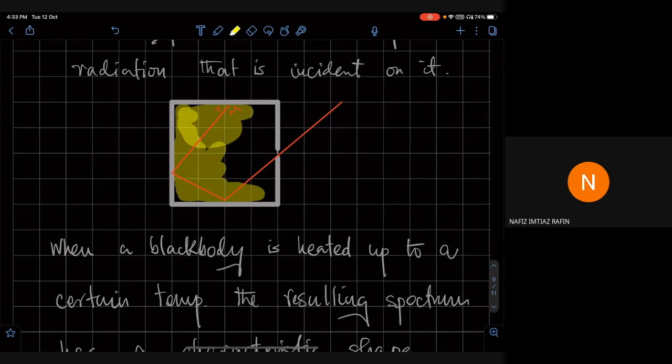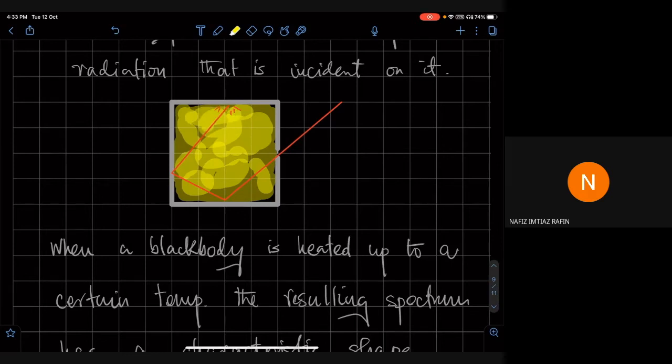Because all the atoms which make up the wall of that black body start oscillating and they emit radiation. And this whole object fills up with electromagnetic radiation. But some of this radiation then leaks out, right? And what we do is a spectral analysis of the radiation that is leaking out. And that is basically what we call the black body radiation spectrum.